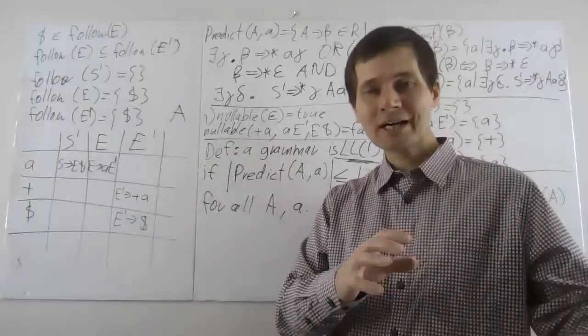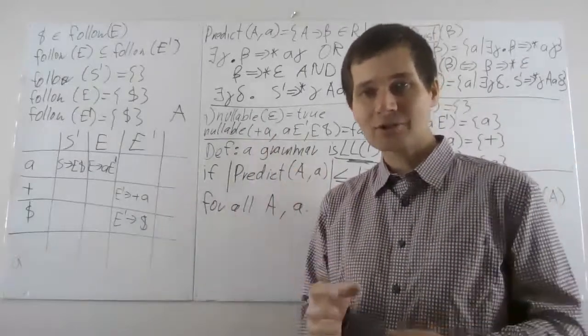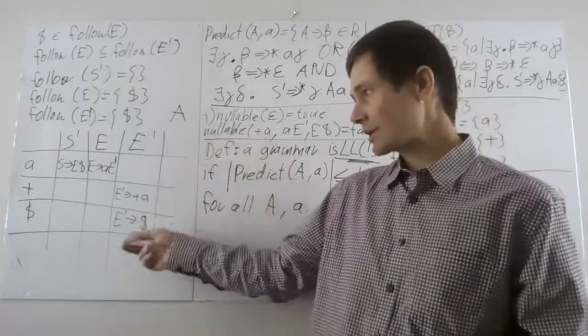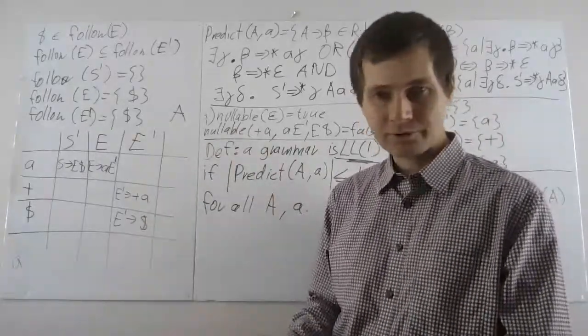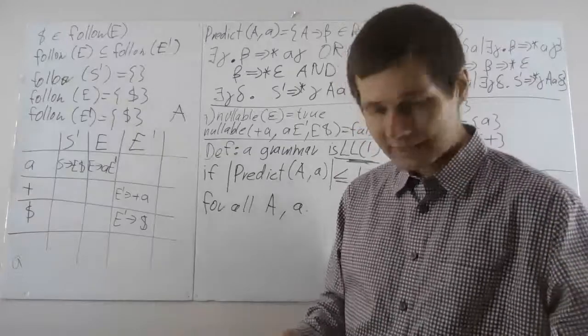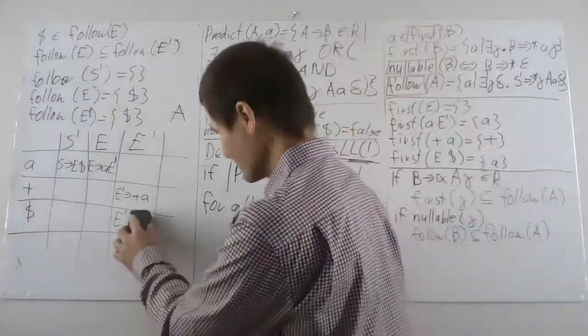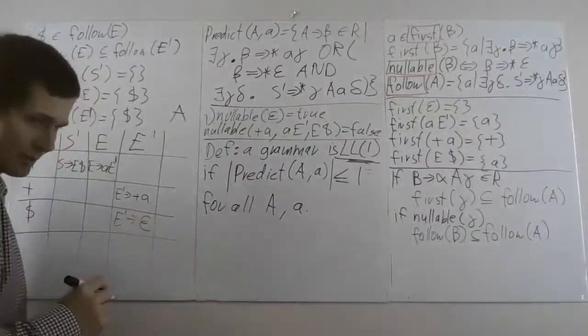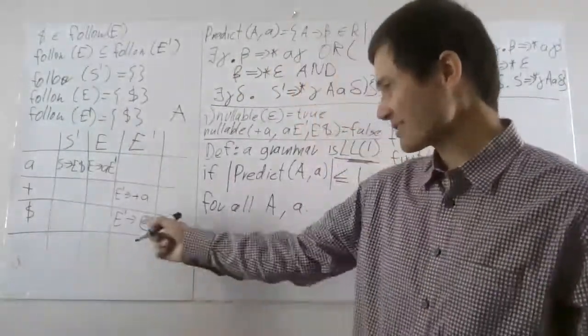So we looked at left associativity not being LL1, and that would lead to a case where you have 2 or more rules to try in some situation. And yes, thank you for the questions or the corrections. That should be E goes to $, not E goes to epsilon.